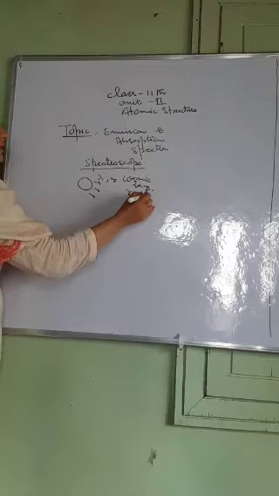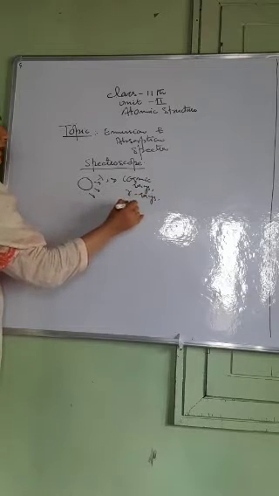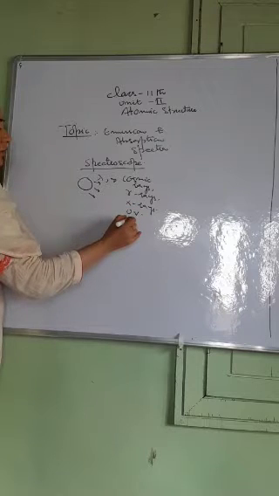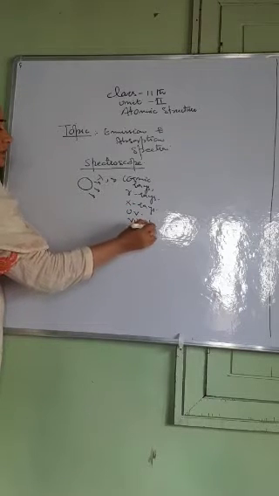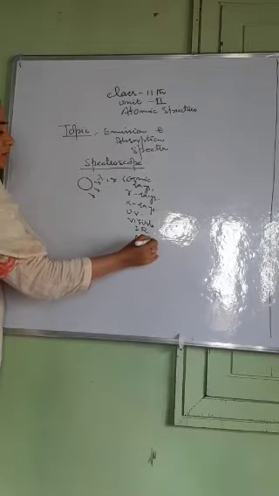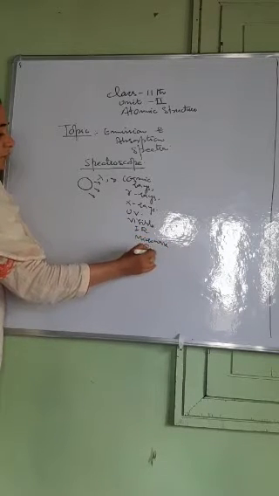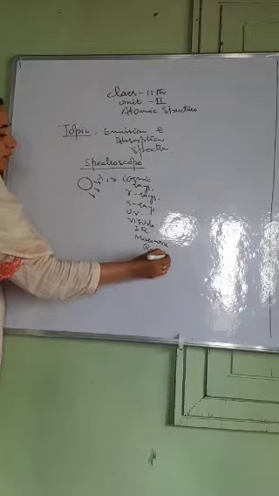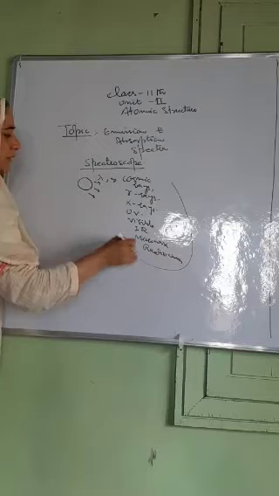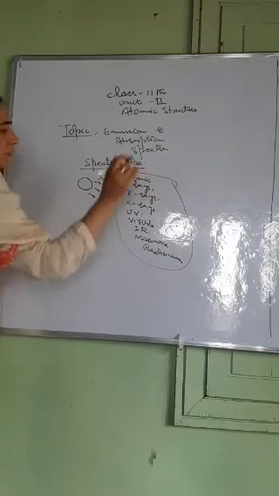we have gamma rays, X-rays, UV, visible, IR, microwave, and radio waves. These radiations have different wavelengths and different frequencies.